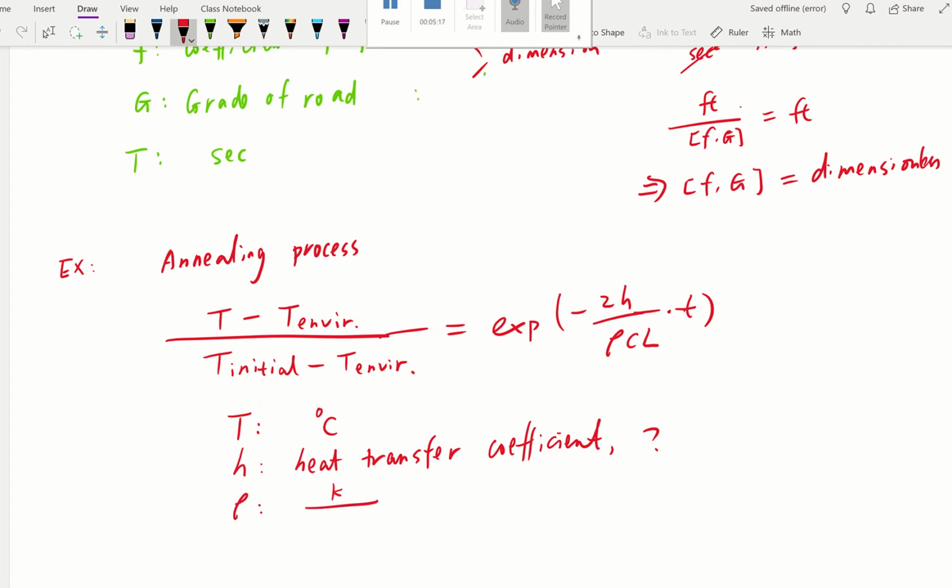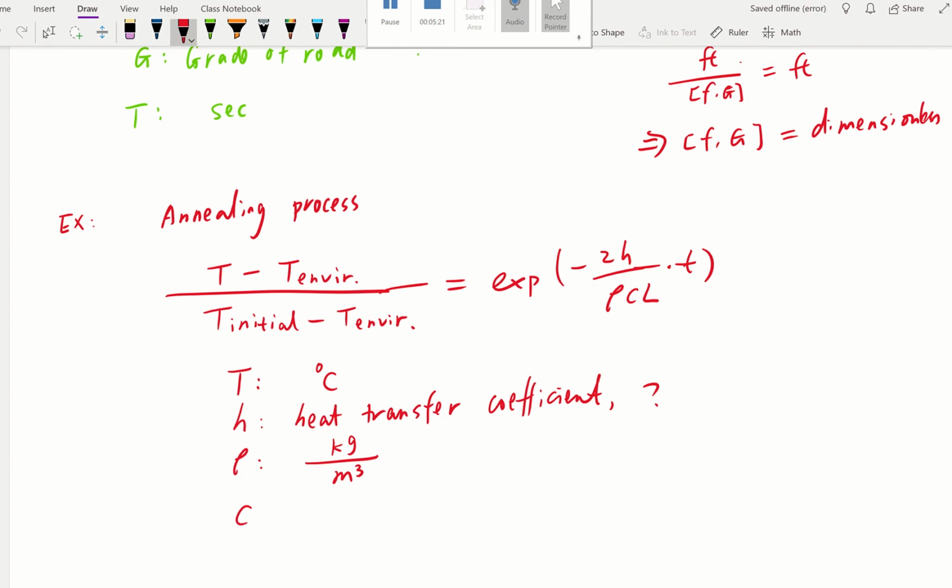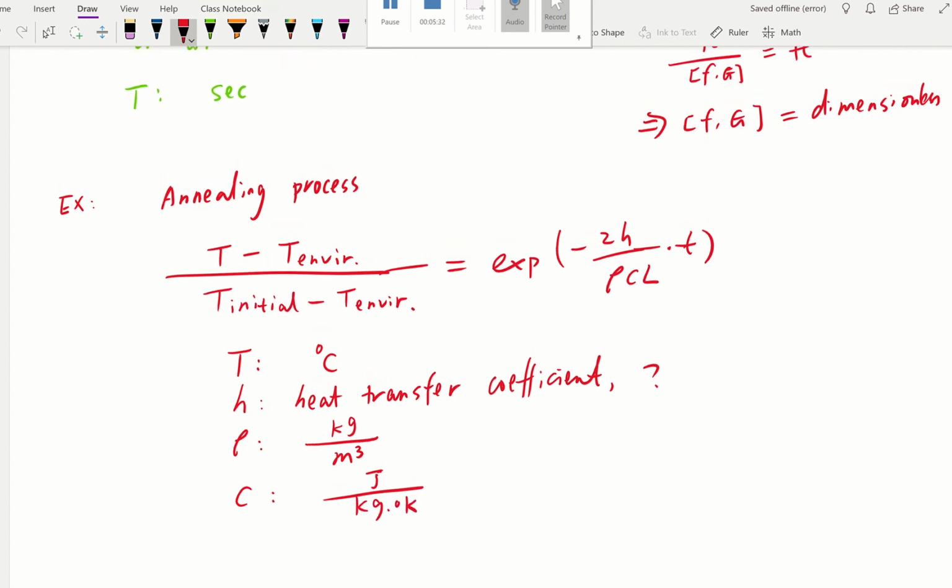Density is kilogram over meter cubed, mass over volume. And specific heat c is going to be in the unit of joule per kilogram per Kelvin. Now, L is the thickness, so it's in unit of meter, and t is time in seconds.